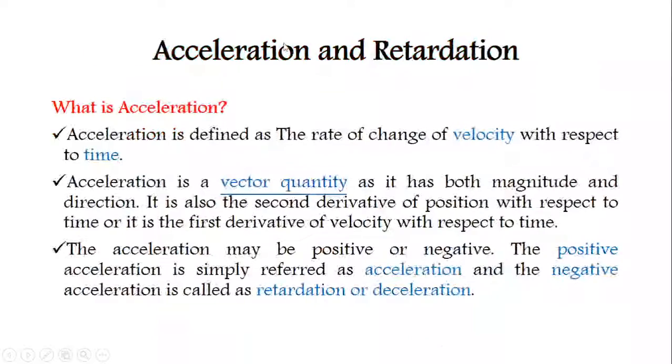Now, acceleration and retardation. What is acceleration? Acceleration is defined as the rate of change of velocity with respect to time. Acceleration is a vector quantity, as velocity is also a vector quantity, having both magnitude and direction.